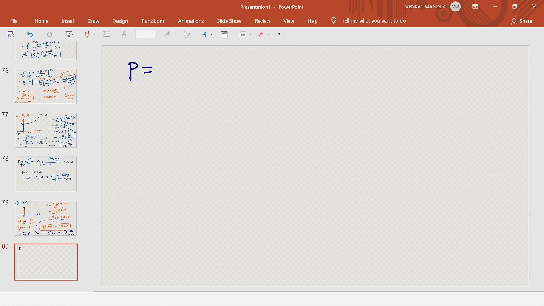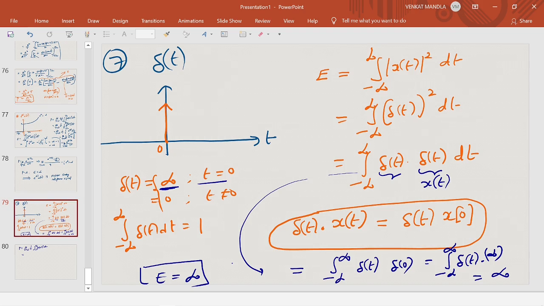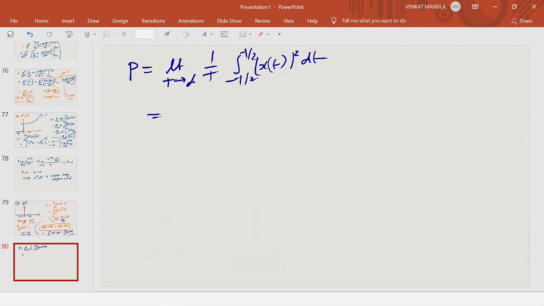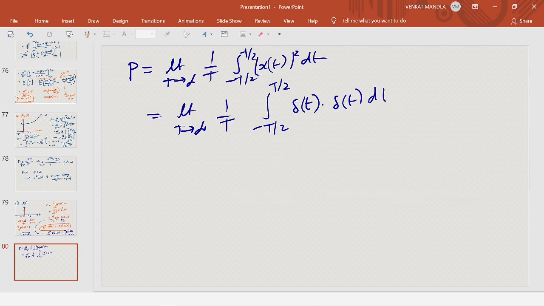Similarly, power is limit T tends to infinity, 1 by T, integral from minus T by 2 to plus T by 2 of magnitude of x of t whole square dt. So we can specify the limits also, minus T by 2 to plus T by 2. So limit T tends to infinity, 1 by T, integral minus T by 2 to plus T by 2 of del of t whole square, I will write del of t into del of t dt.